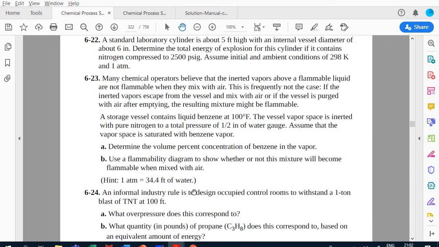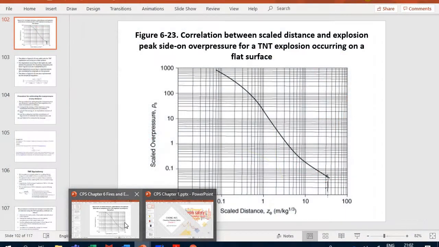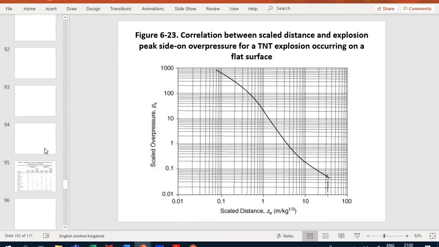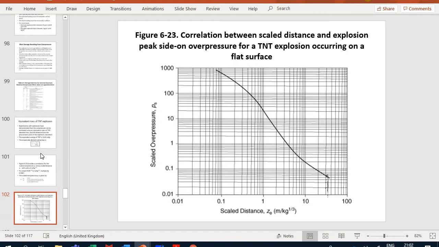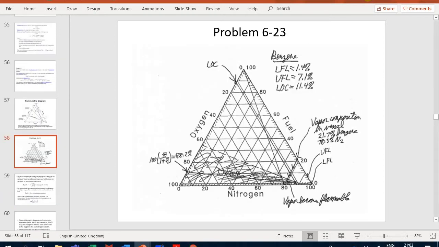But what I need to do now is show you the flammability diagram, and to do that, I need to remind you of the stages. We have already covered the flammability diagram in our PowerPoint presentation, which was problem 6.23.